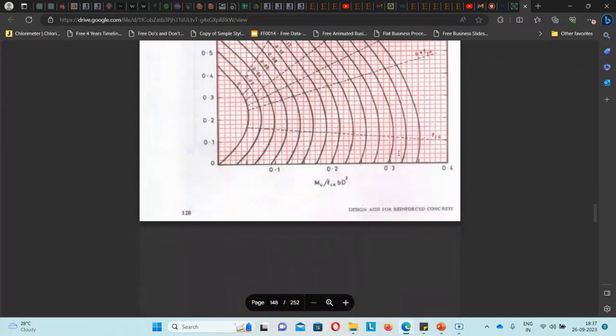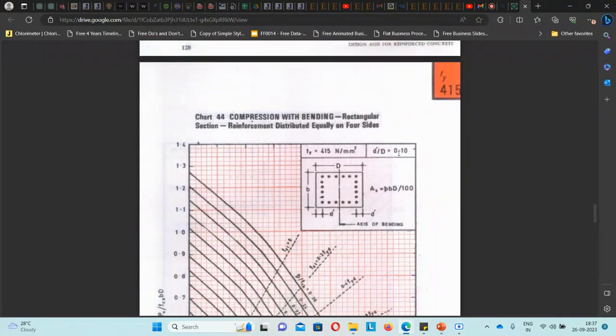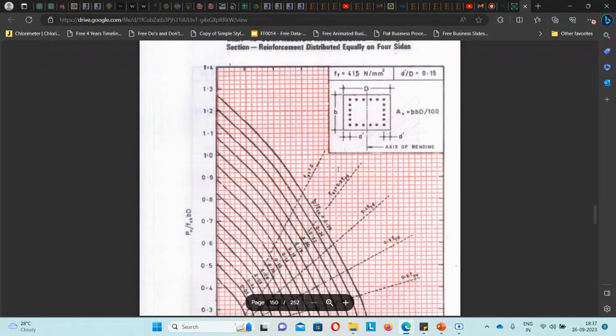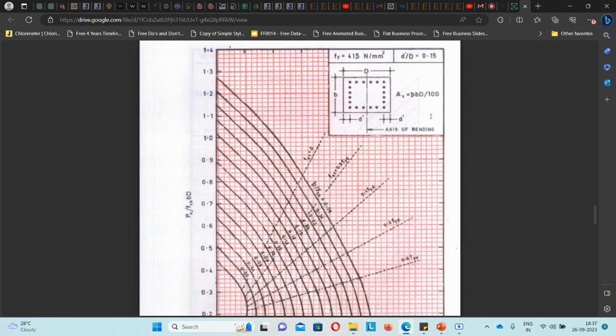This is Fe 250, and now we need Fe 415, right? So it is chart 45: reinforcement distributed equally along all four sides, Fe415 and d dash by d is 0.15.